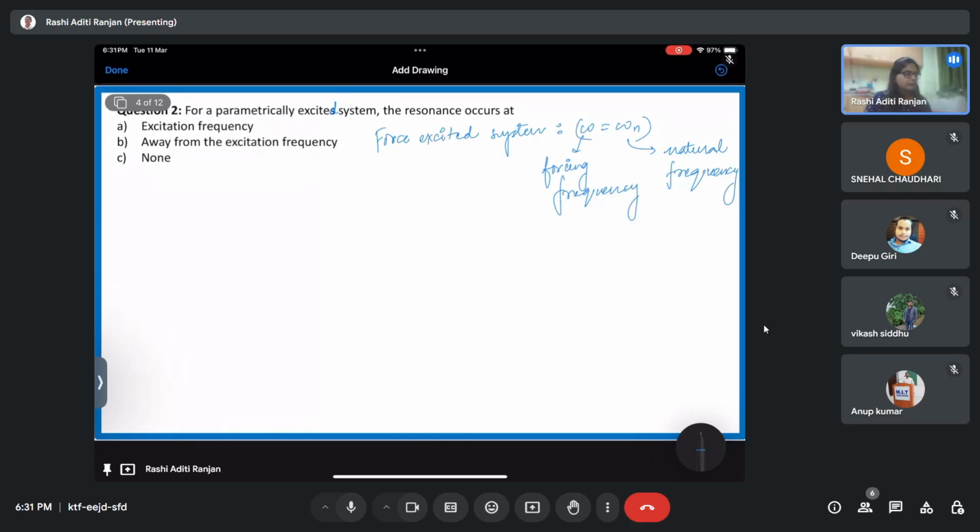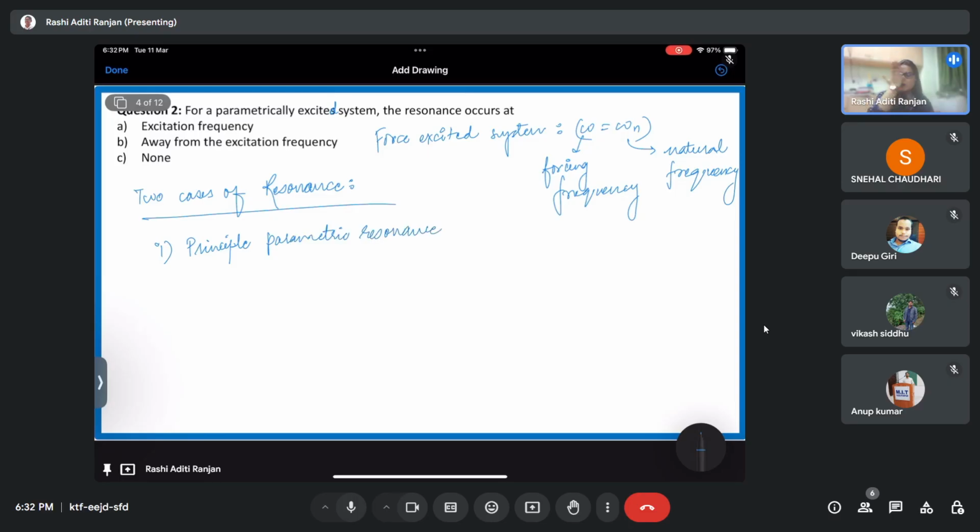But for a parametrically excited system, this is not the case. For a parametrically excited system, there are two cases of resonance, right? The first one is the principal parametric resonance.